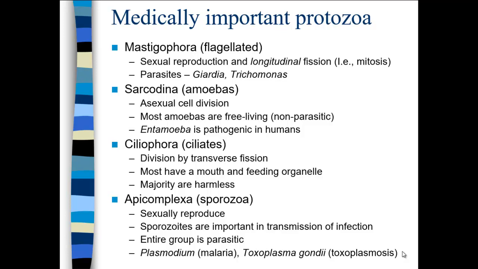We have Ciliophora, which are ciliates, and the majority of ciliates, like Paramecium, are harmless. And then we have Apicomplexa, which are sporozoa. This includes some very important infections like Plasmodium, which is malaria, and Toxoplasma gondii, which is toxoplasmosis.